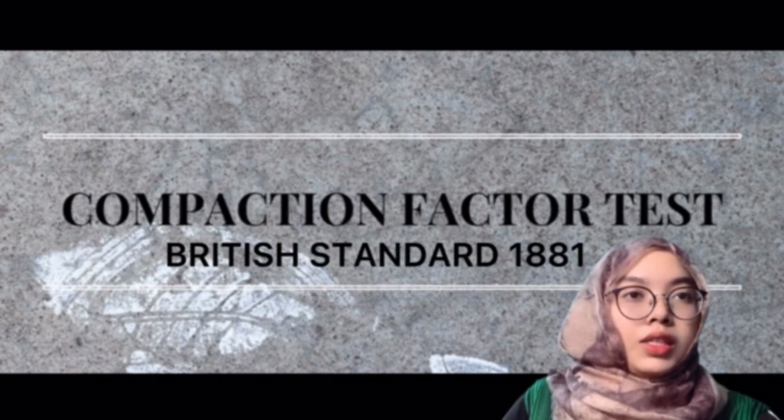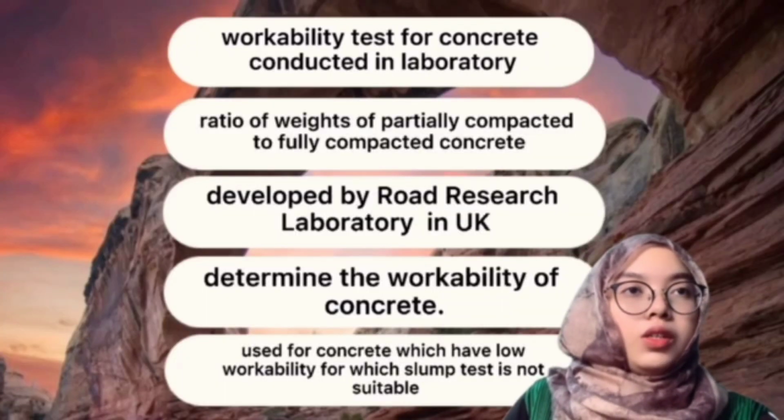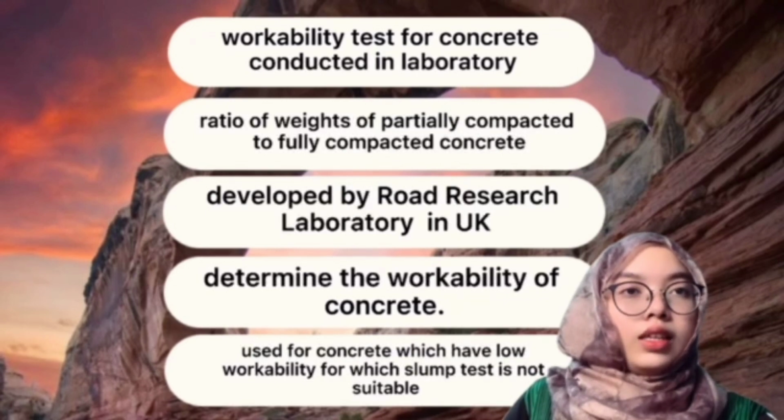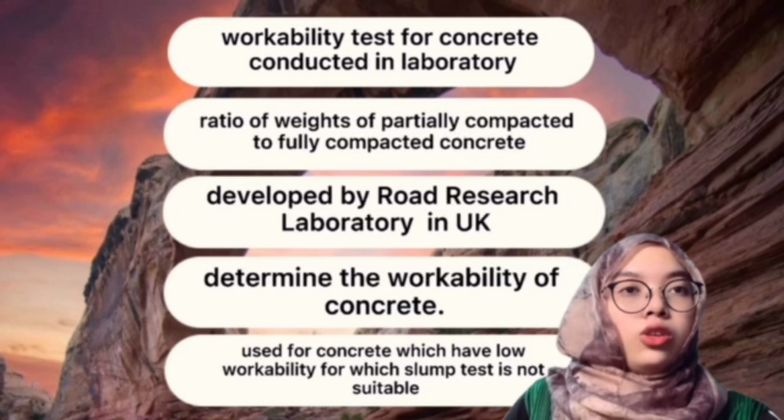Today I am Nurhani Safia binti Muhammad Hafizi, and my group wants to present about the compaction factor test. The compaction factor test is a workability test for concrete conducted in the laboratory. The compaction factor is the ratio of the weight of partially compacted to fully compacted concrete.